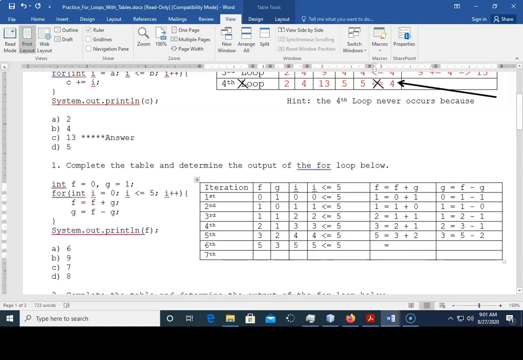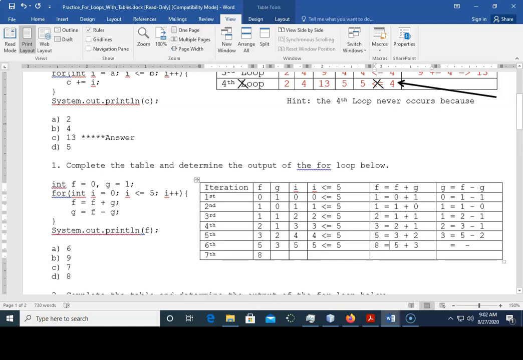So then I've got 5 plus 3, and that gives me 8. And so then f is 5 minus, whoops, I almost did it again there. So I gotta change that to 8.